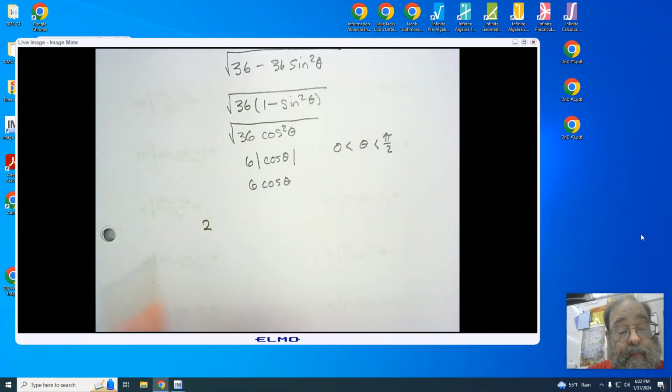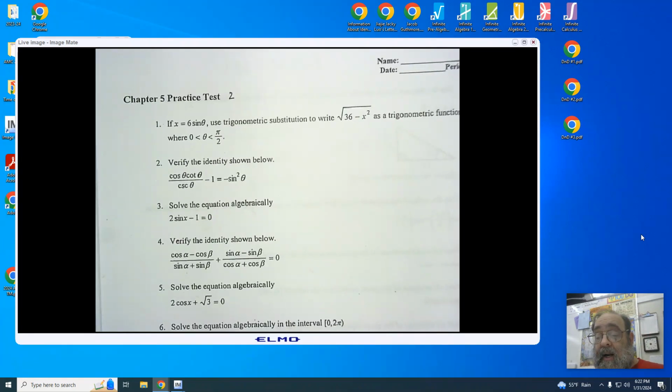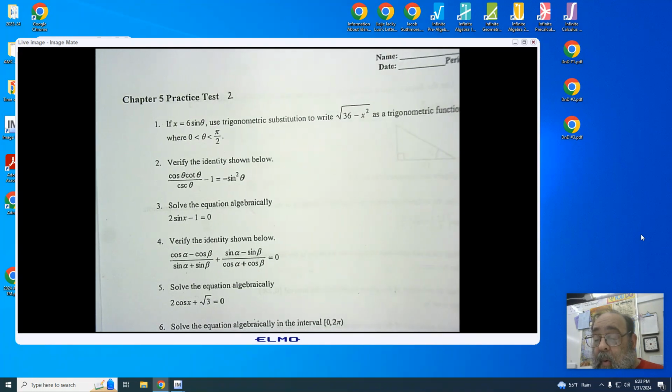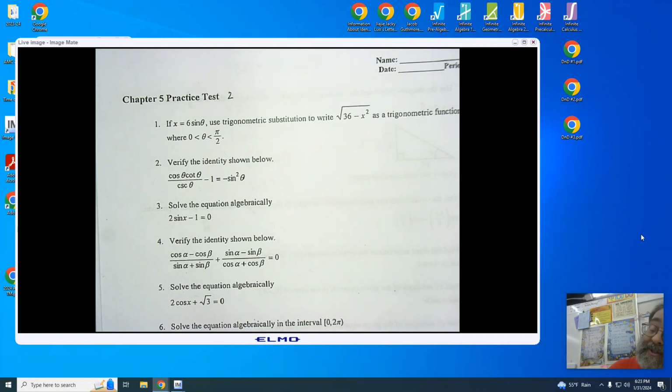Number 2. Number 2 is an identity, or a verification of an identity. And we are looking at cosine theta times cotangent theta divided by cosecant theta, minus 1 equals the negative sine squared of theta.